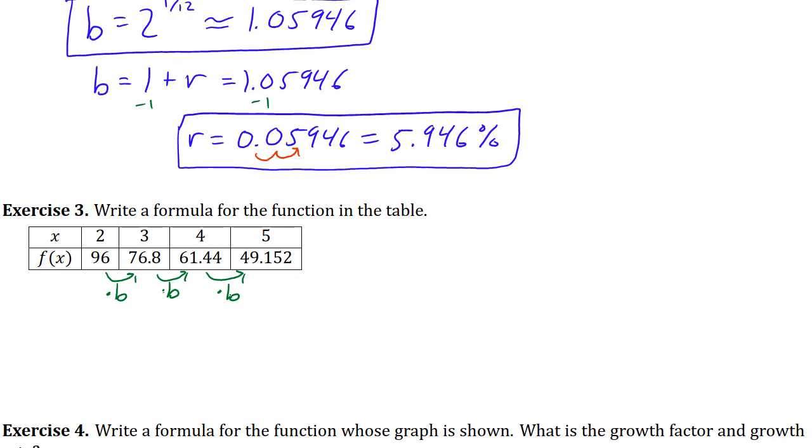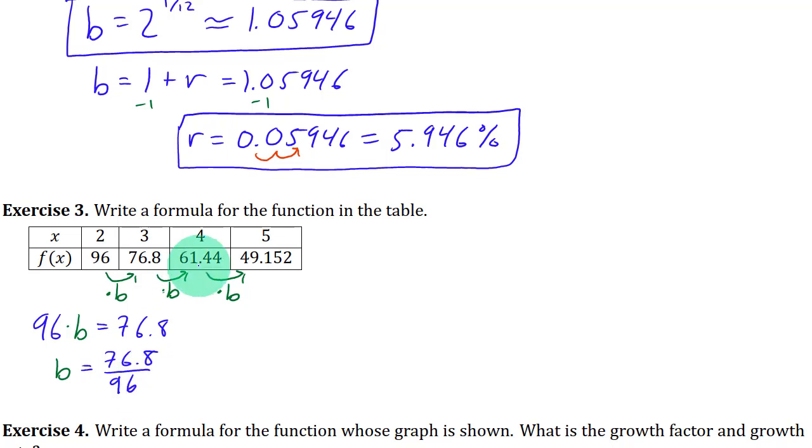This was the check that we looked at in 6.1, I think. You want to know, is 96 times b equal to 76.8? And is that the same thing as if you do 76.8 times b to get 61.44? Another way of writing this is, if you divide both sides by 96, to write it as b equals 76.8 over 96.